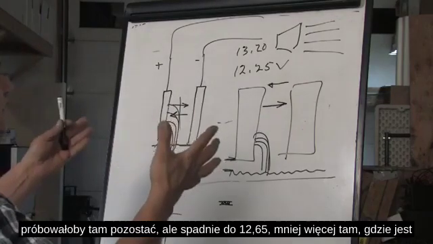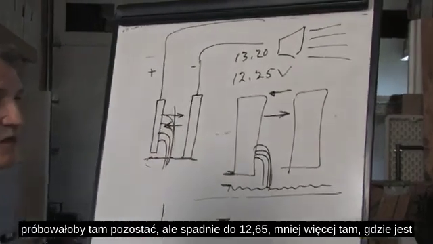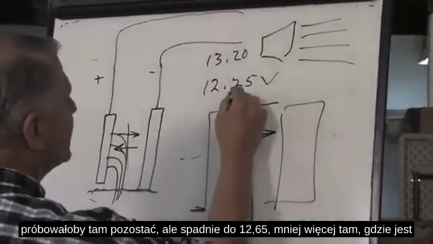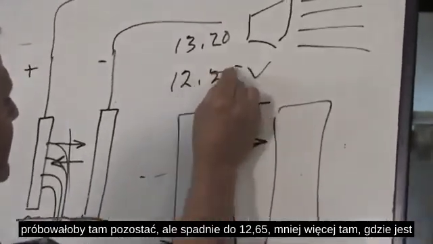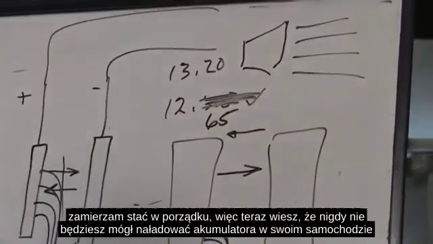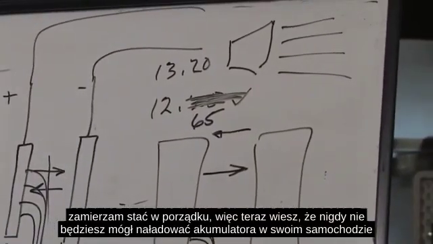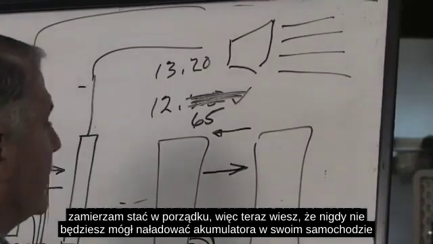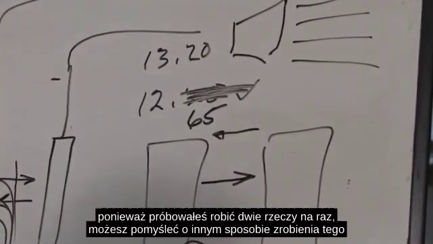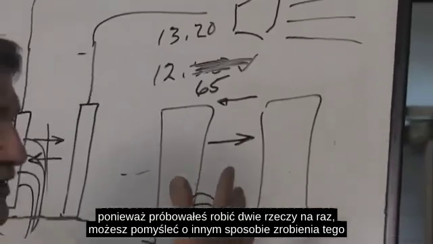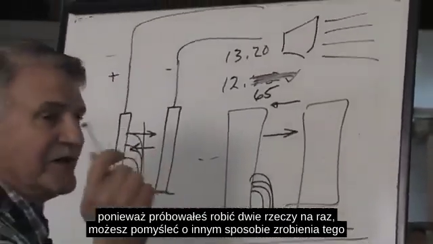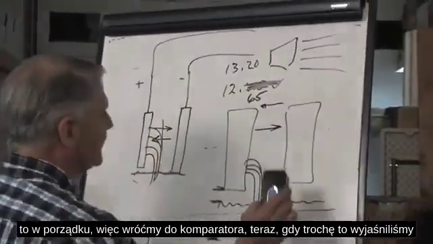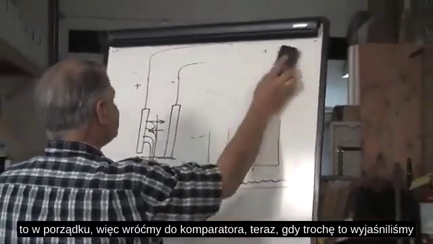It would be trying to sit there, but it's going to come down to 12.65. That's about where it's going to stand. All right? So now that you know that you could never charge your battery in your car because you were trying to do two things at one time, you might think about a different way to do this.